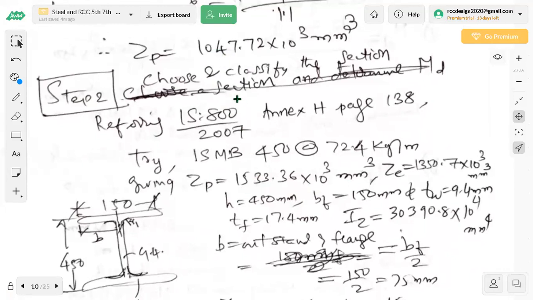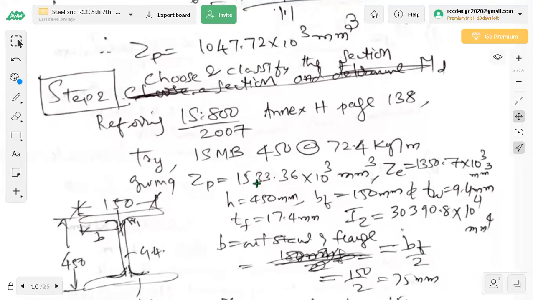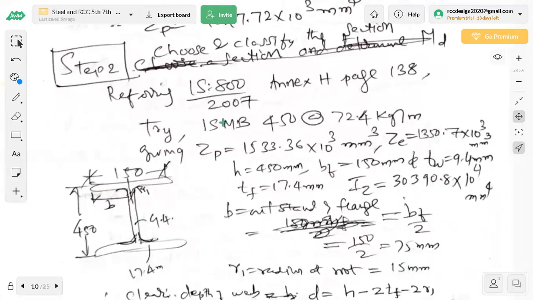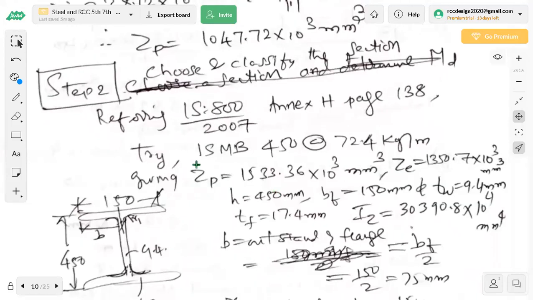You can search that. There will not be any I section with a value in between. After searching for this number, I found that this value corresponds to ISMB 450 at 72.4 kg per meter.